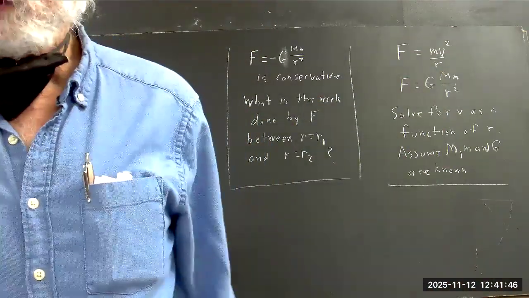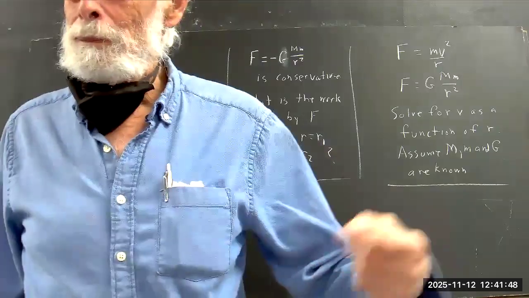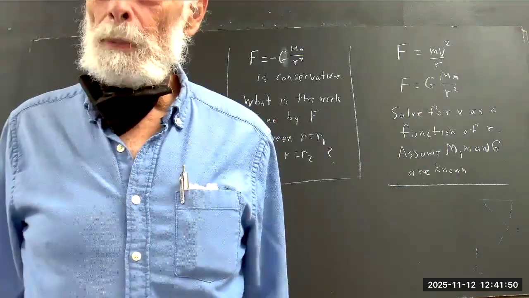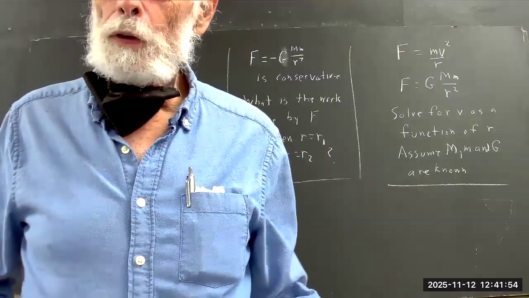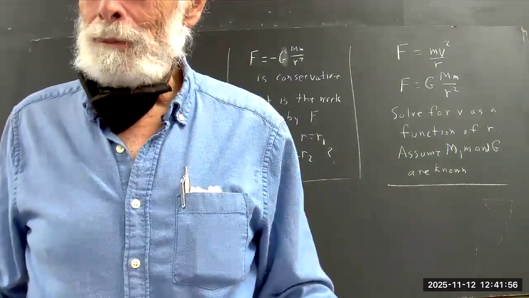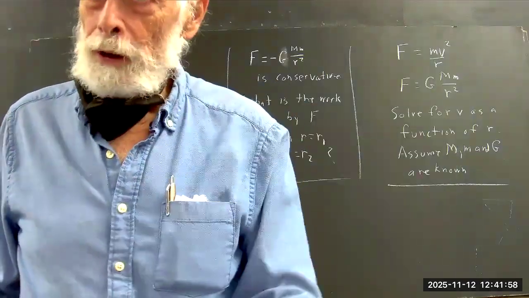It's the centripetal force, that's the thing that keeps it in the circle. It's up there outside of the atmosphere, nobody's tugging on it. The only thing that's going to provide the force is gravity. And gravity is toward the center of the Earth.